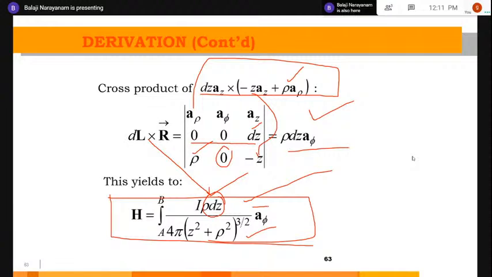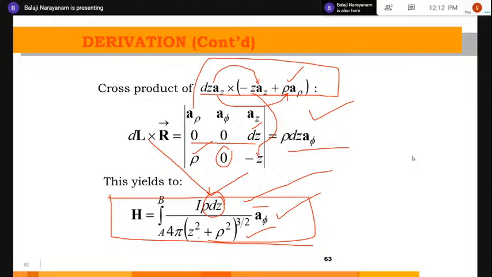Why we got A phi bar is that AZ cross producted with AZ is 0, and AZ cross producted with A rho is your A phi. That is resulting in A phi, right? So it is very easy for us to find even the direction of the magnetic field intensity.